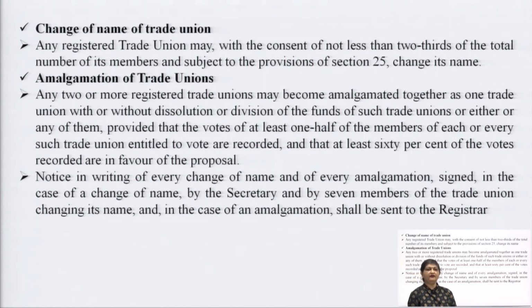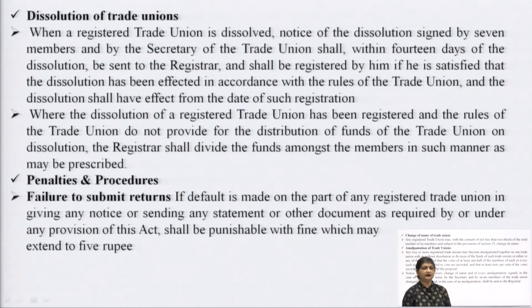Notice in writing of every change of name or of every amalgamation, signed in the case of a change of name by the secretary and by 7 members of the trade union changing its name, and in the case of an amalgamation, shall be sent to the registrar.